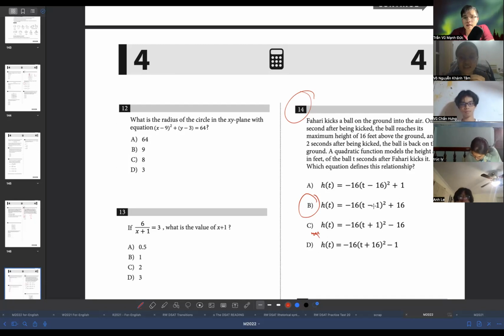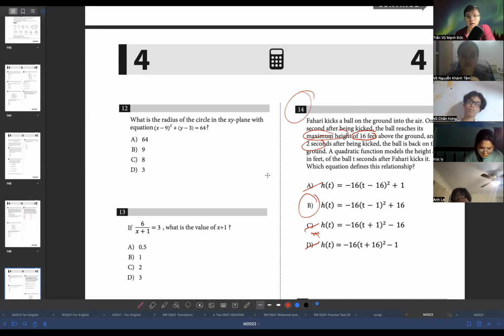Yeah, exactly. So firstly, you're going to have two clues here. First is 16 feet maximum height, and second is 2 seconds. For 16 feet, you can just cross out A, D and C already. You don't really need to plug them in because the maximum height will be K, since the maximum height is the Y value here.